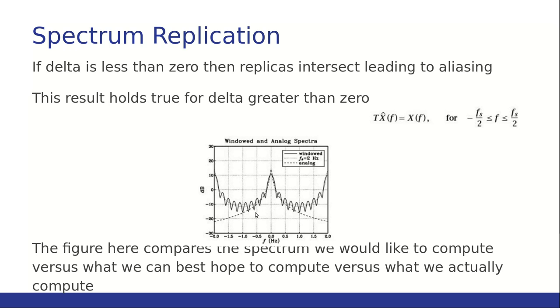That is, we are comparing the three cases where this is X of f, this is the practically limited range one where L is a finite number case. If you might remember, we had discussed that a few slides ago. And what we could compute the best, that is when L tends to infinity.